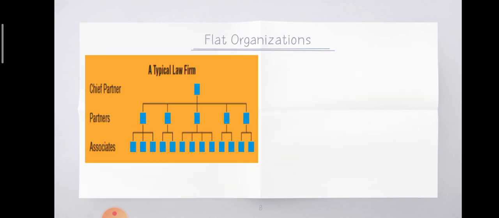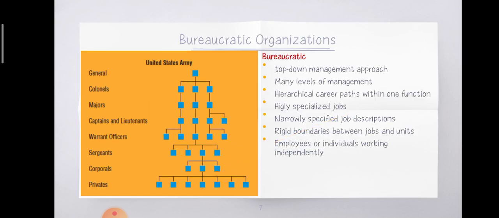Okay, the second one is flat organizations. Naman ay tayo picture no. This is how bureaucratic works. So, the general is the top decision maker.